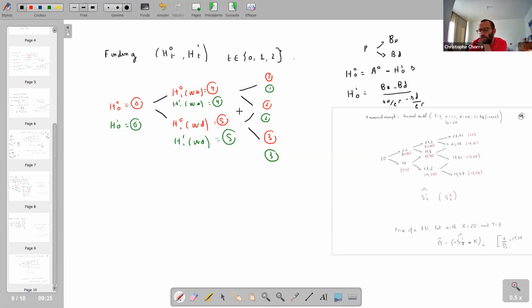And in fact, we are going to use this result, and we are going to apply it for each submarket of size 1: this one here that will give me this, the second submarket of size 1 that will give me this one, the third, the fourth, the fifth, and the sixth at the end.